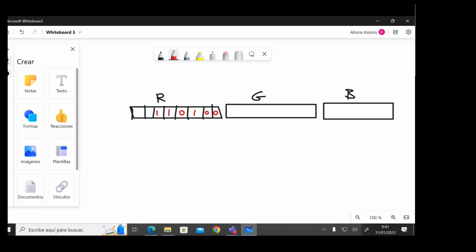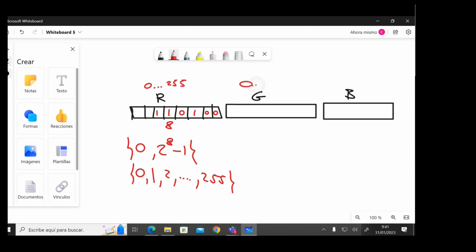With 8 bits you can represent up to 2 to the 8 minus 1, which is the maximum value. So you go 0, 1, 2, all the way to 255. Each one of these values will go from 0 to 255.